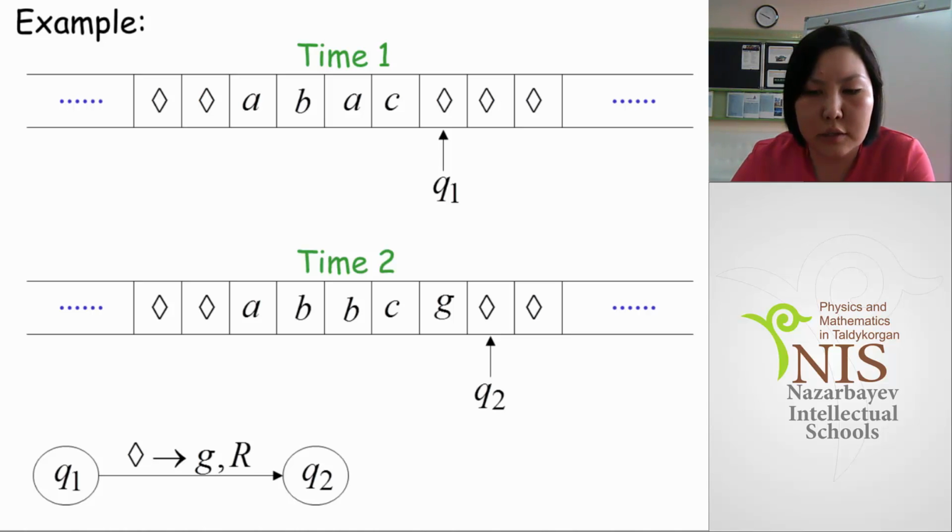If we don't change the state to Q2, it will be an infinite loop, because all the time it will see the blank on the right and it will not change the state.